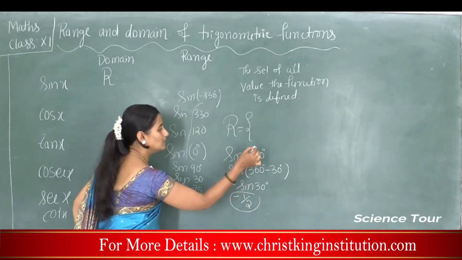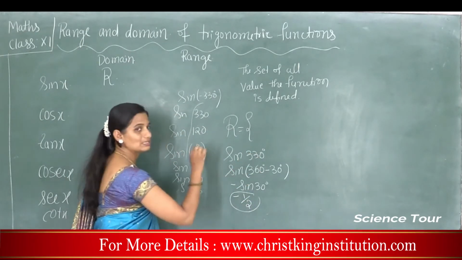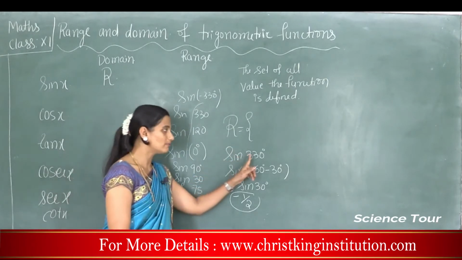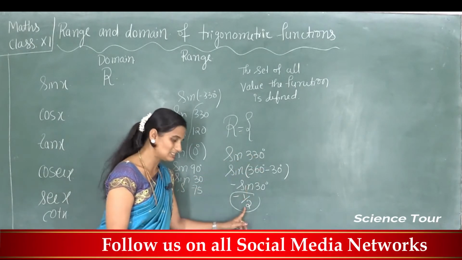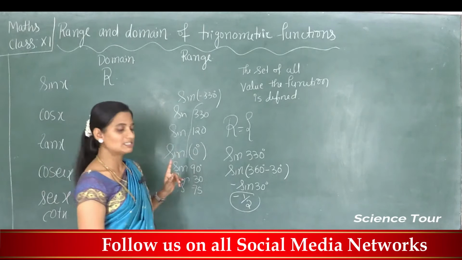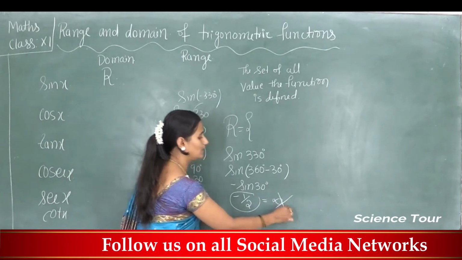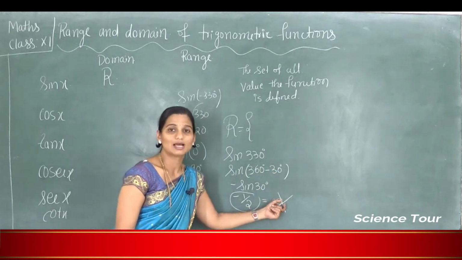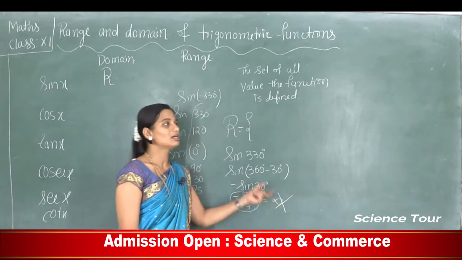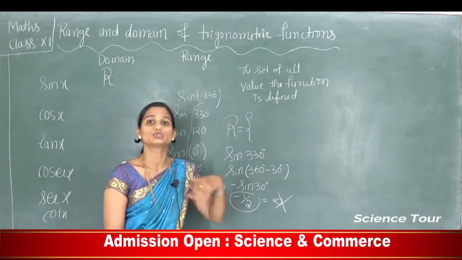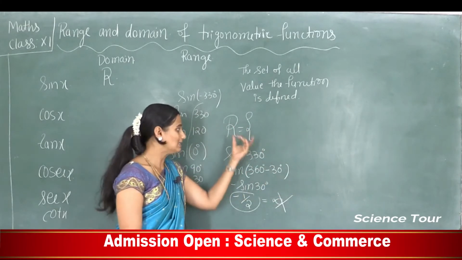So where the value is defined, the domain is the set of all values where the function is defined. Function is defined means you should not get the answer as infinity. If you get the answer as infinity, then we say that the function is not defined at this point.